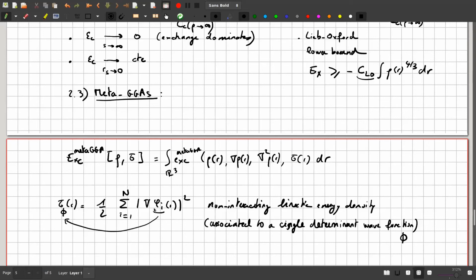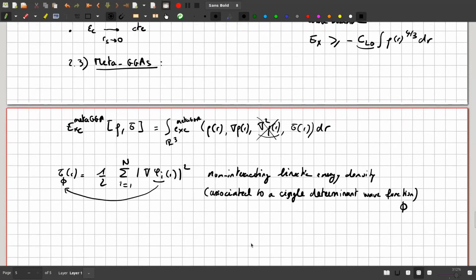I should say that this tau of r in practice contains similar information to the Laplacian. So in modern meta-GGA approximations, very often we remove the dependence on the Laplacian. We simply have the dependence on rho, the gradient of rho, and tau.